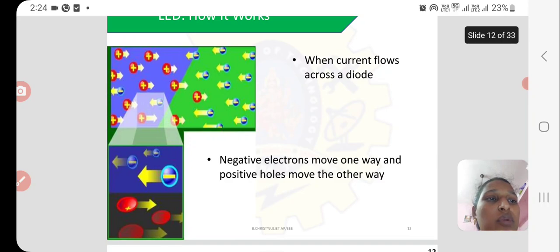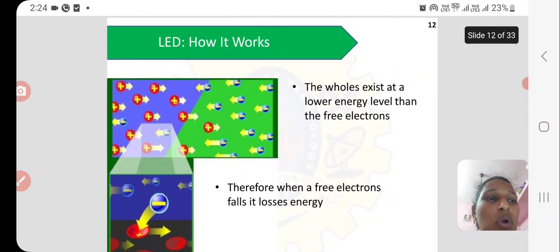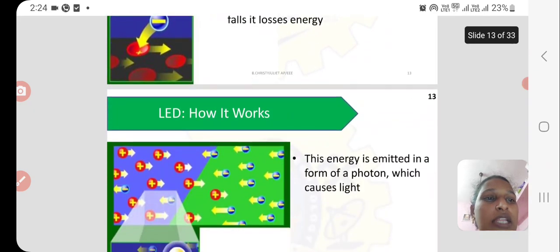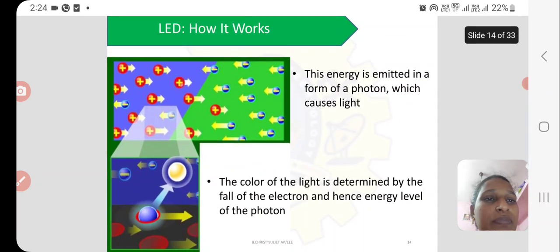When the current flows across a diode because of the forward bias condition, negative electrons move one way and the positive holes move the other way. The holes exist at a lower energy level than free electrons. Therefore, when a free electron falls, it loses its energy. This energy is emitted in the form of a photon.